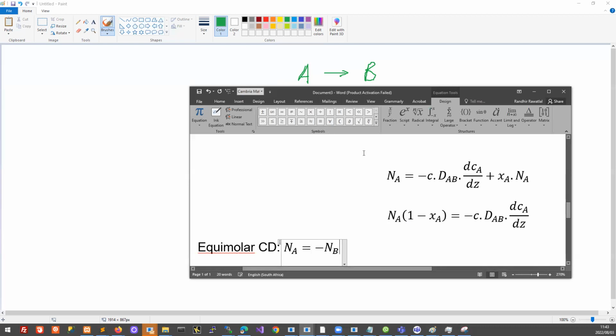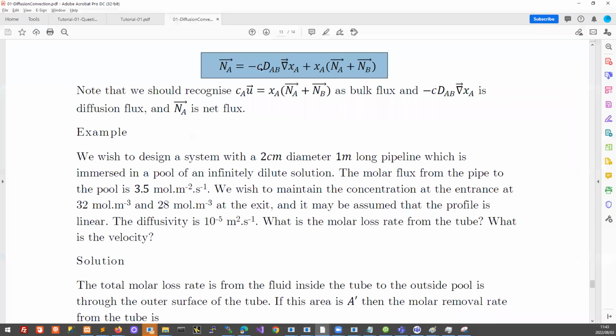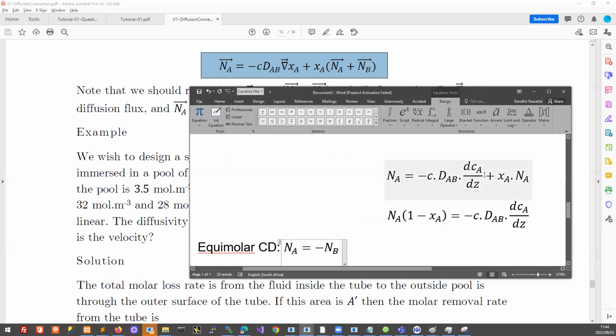So if that's the case, NA equals minus NB, then this is going to add up to 0. And so in the equimolar counter diffusion case, we don't have this term present, and we have simply left over this one. So our equation in this case is simply this one.